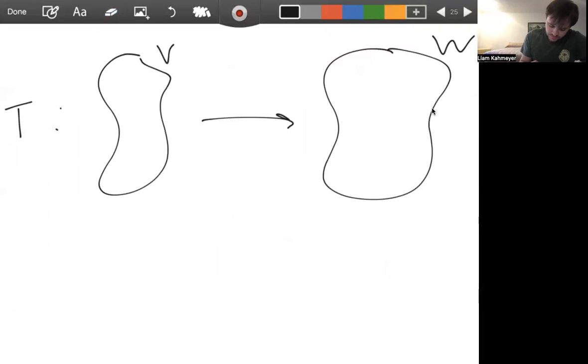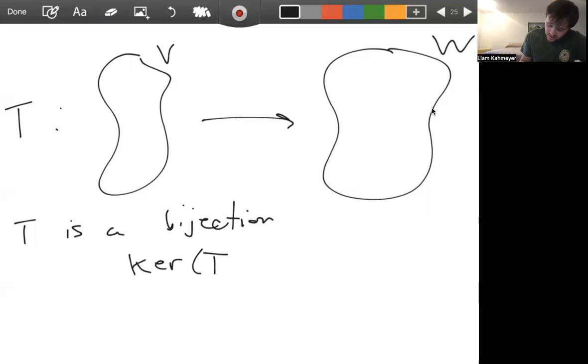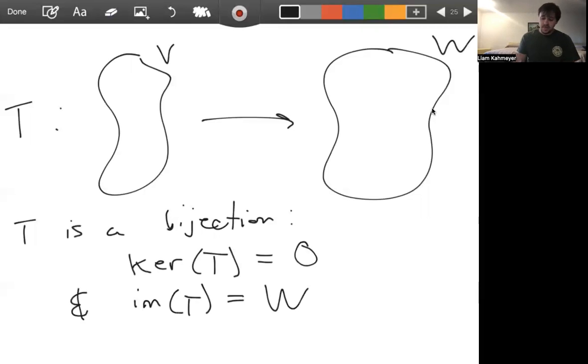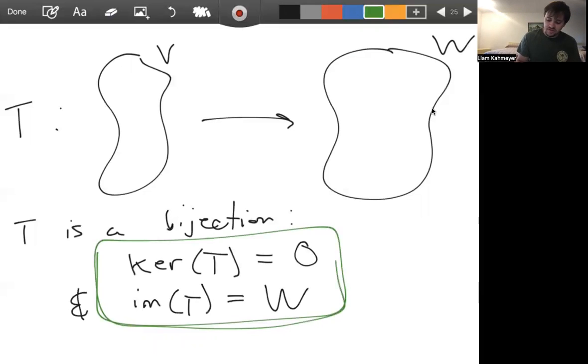So T is a bijection if the kernel of T is equal to 0 and the image of T is equal to W. This is a very nice classification of maps that are bijective, or that induce an isomorphism of vector spaces, right? You just check the kernel, see that the kernel has one element and it's the 0 element, or the additive identity of the domain. You check the image and see that it's the entire codomain, right?